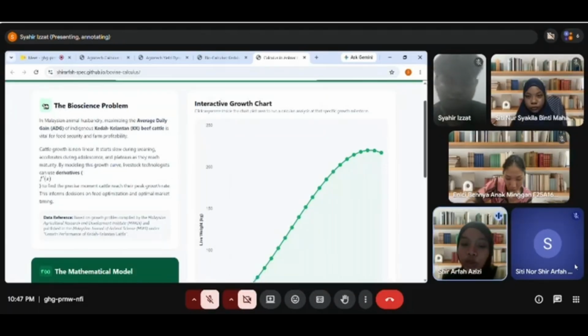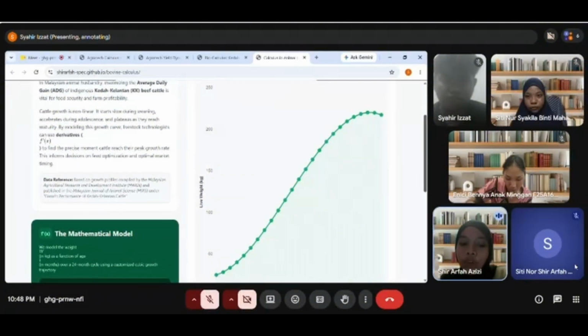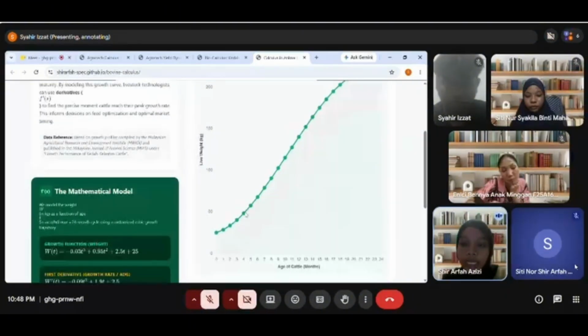Let's dive into the core logic of our study. The cubic trajectory. We represent the growth using a cubic function. This specific model accounts for the acceleration and deceleration pace of growth. You will notice that at month 0, the model predicts 25 kg, which is the standard birth weight for high quality Kedah Kelantan cattle.